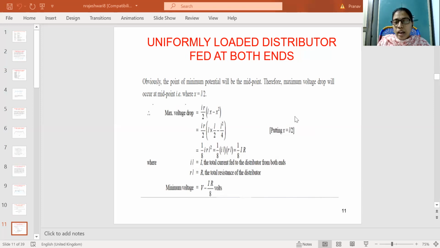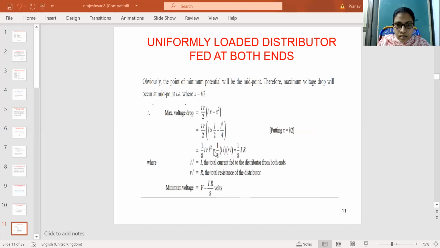By substituting the value x is equal to L by 2, it is equal to IR by 2 into L square by 2 minus L square by 4. By simplifying, taking LCM 4, 2 times L square minus L square, so L square by 4 into 2. So 1 by 8 IR into L square.